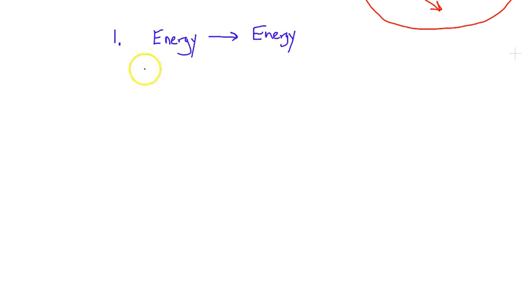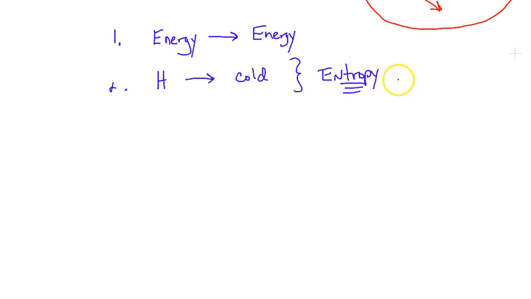Well, of course, that doesn't work because the second law of thermodynamics states that there's a direction in which energy flows. And we all know that energy flows from, let's say, hot to cold. And because it does that, that direction is driven by something called entropy. And entropy is an important term that helps us understand the universe.